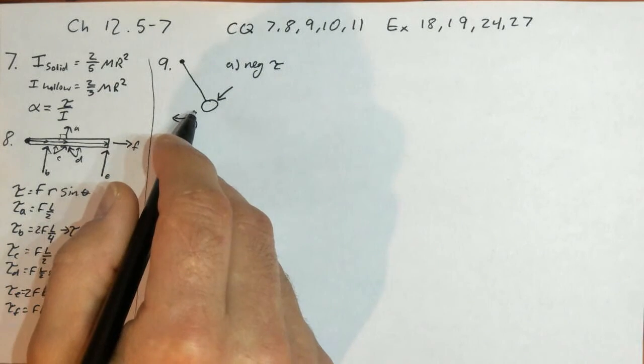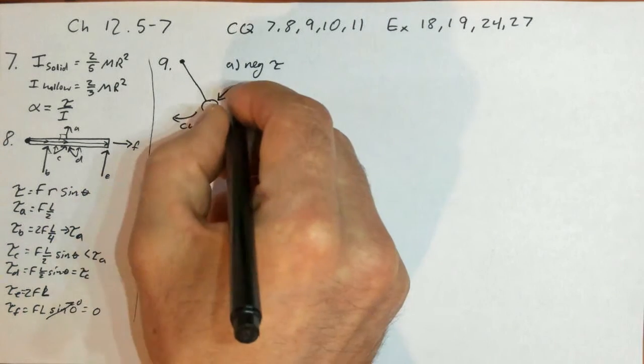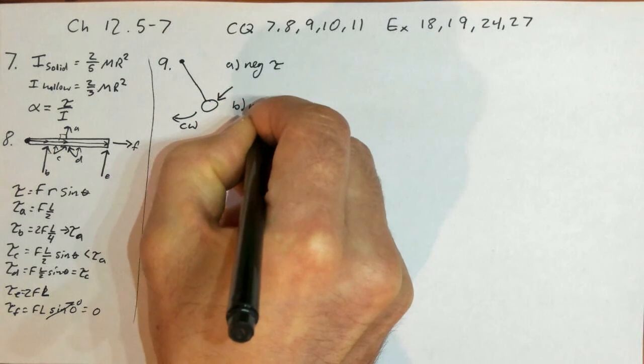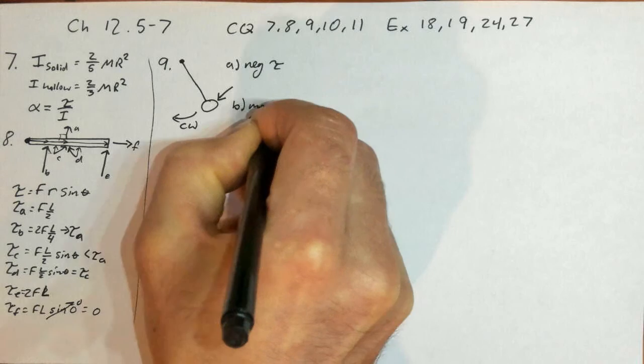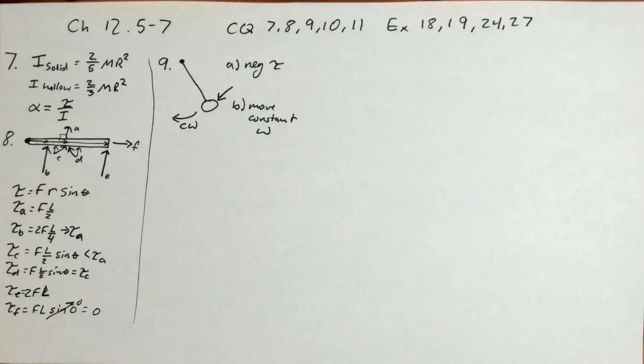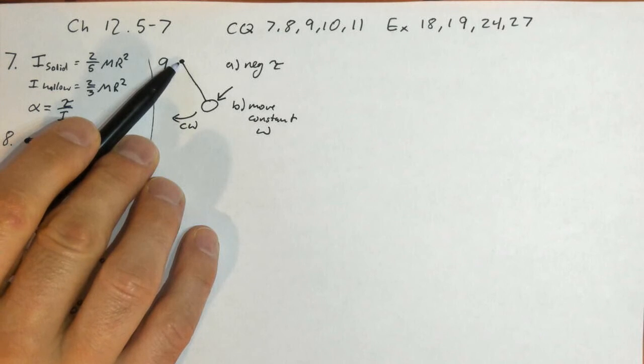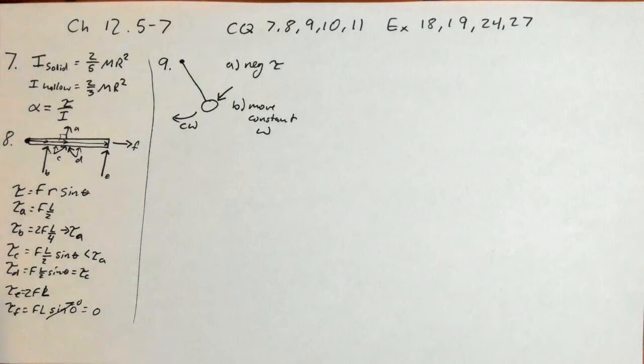Same thing here. So for B, it's just going to move steadily, at a constant omega, constant angular speed. Now the problem states, I didn't state it in words, but it's a frictionless pivot. So that means it has no loss of energy, no friction to slow it down.